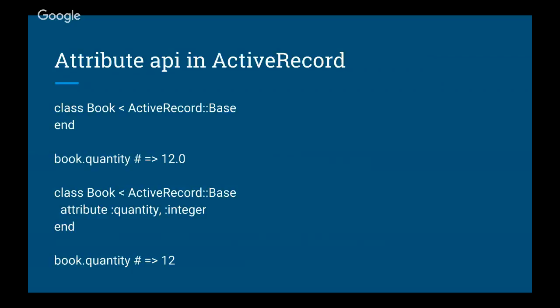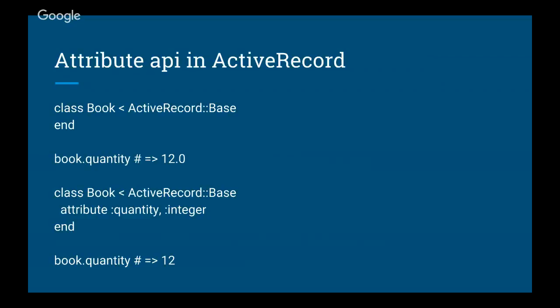And after that, from wherever we use, even if the data inside the DB is different, it's of a different schema, the thing that comes out will be modified with the attribute that we provide. So everywhere we will get an integer based on that. So this is what the attribute API does.